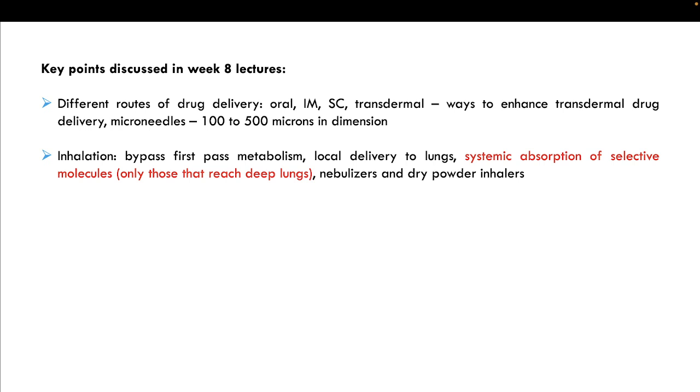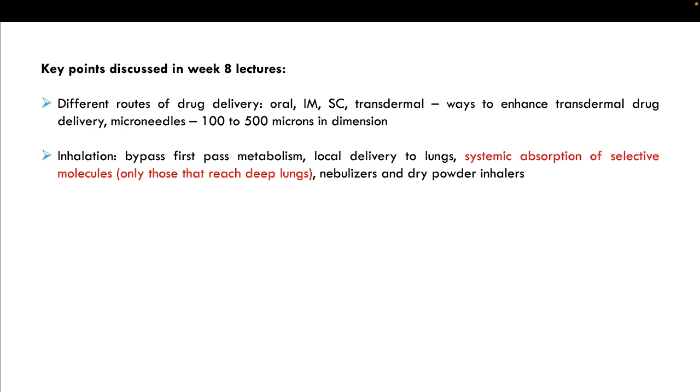So if you want the drug to be absorbed into the blood through this inhalation route, your drug has to be very, very small in size, and you use devices such as nebulizers and dry powder inhalers for this inhalation of drugs. So you must have seen asthmatic patients carrying these inhalers with them. So the pumps, which you call, that's used for dry powder inhalation.